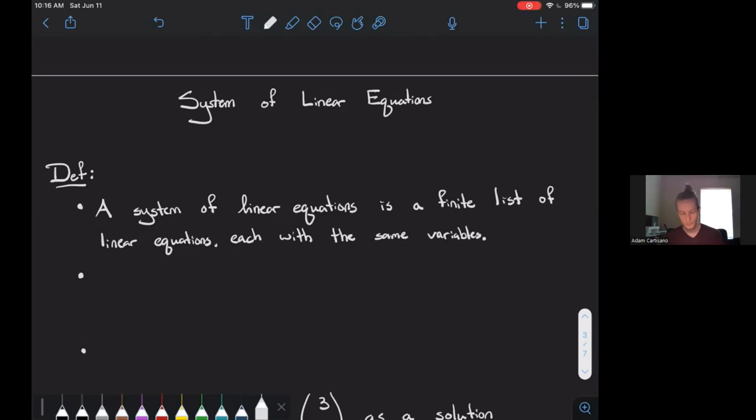A solution to a system, I will say to a linear system.